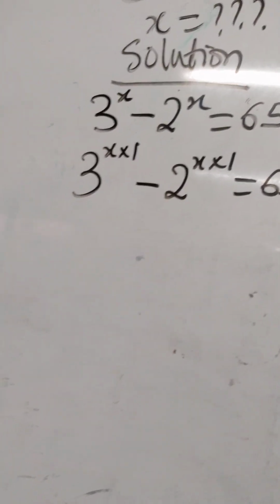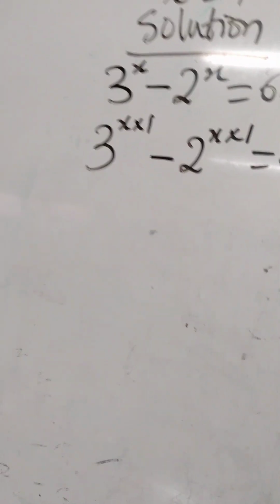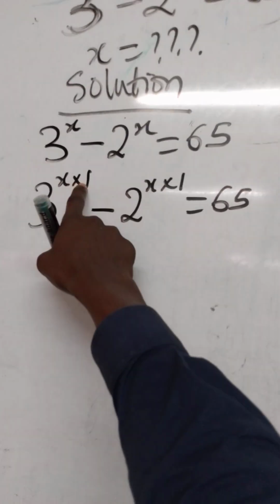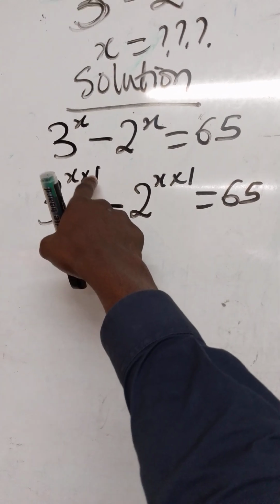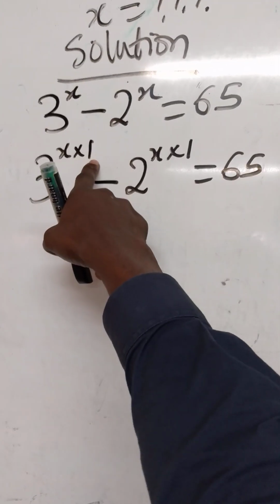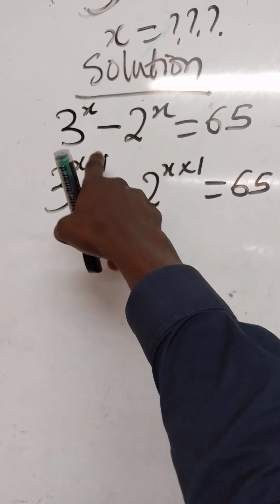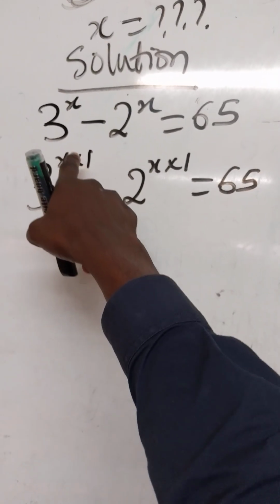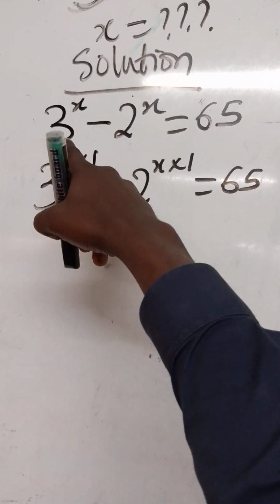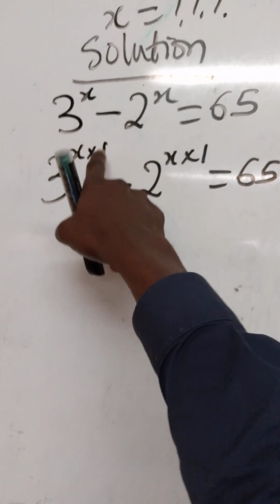Now, can I turn this power into a fraction of the same number? As in 2 over 2. 2 over 2 is 1. 3 over 3 is 1. 4 over 4 is 1. 5 over 5 is 1. So you can use 2 over 2, 3 over 3, 4 over 4, or 5 over 5. But it's easier to deal with if you use 2 over 2.